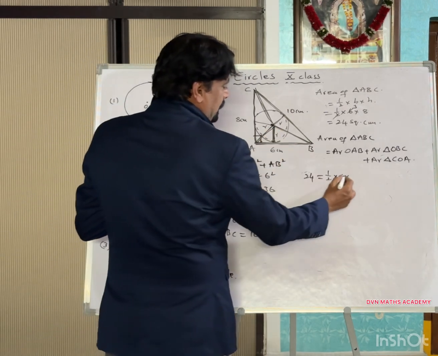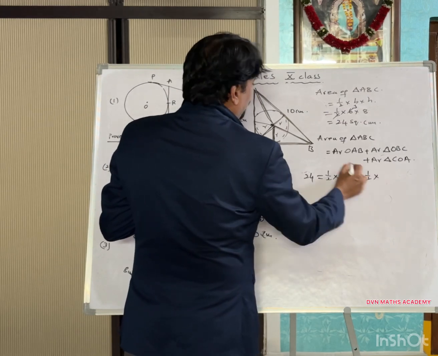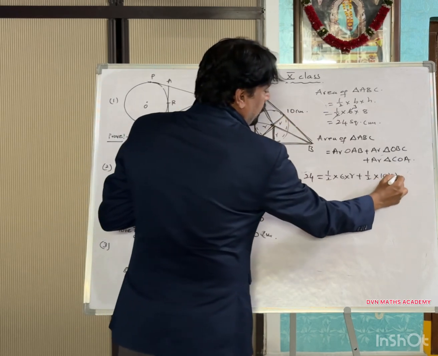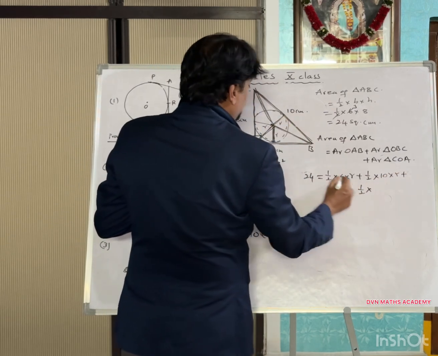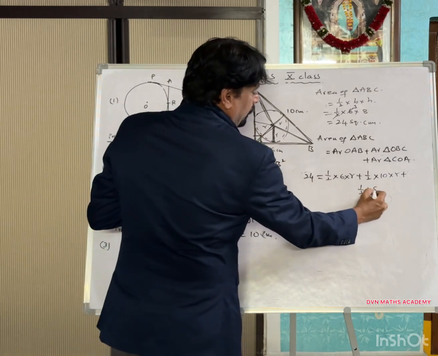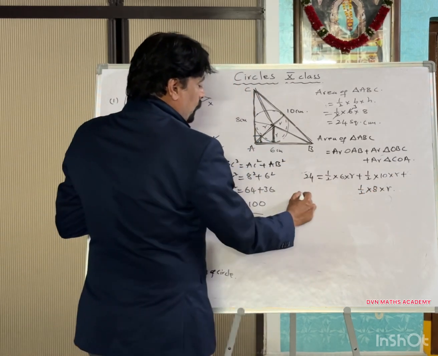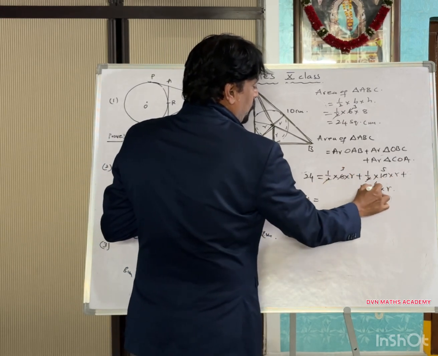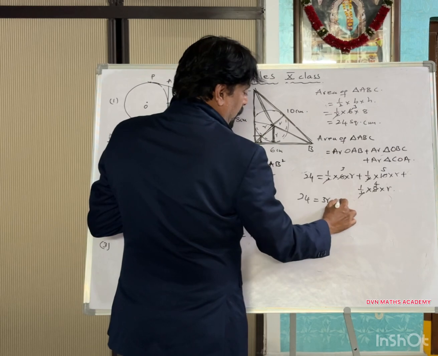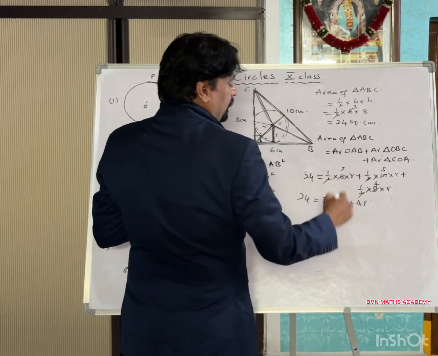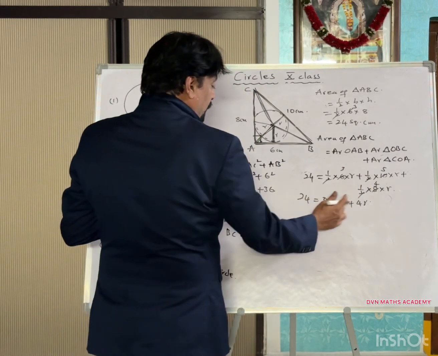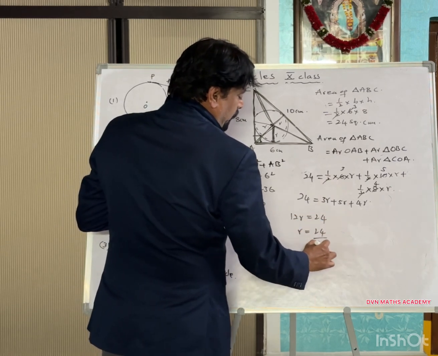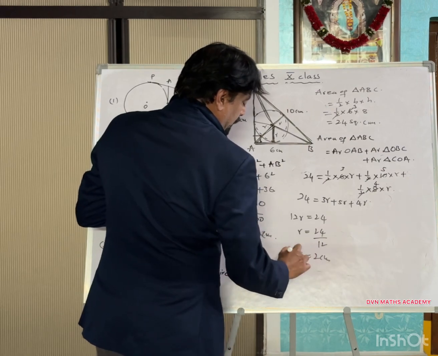So this is R, plus half into base 10 centimeter into radius as the height, plus half into base 8 centimeter and height again R. So 24 is equal to, if you cancel, 3R plus 5R plus 4R. So here I got 12R is equal to 24. Therefore R is equal to 24 by 12. Radius is equal to 2 centimeter.